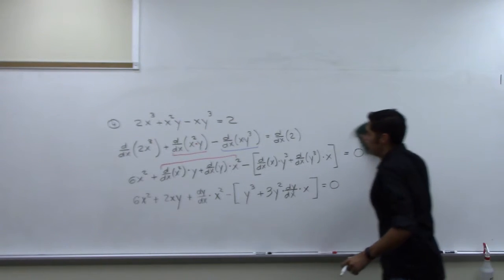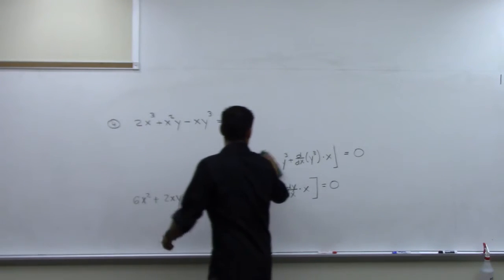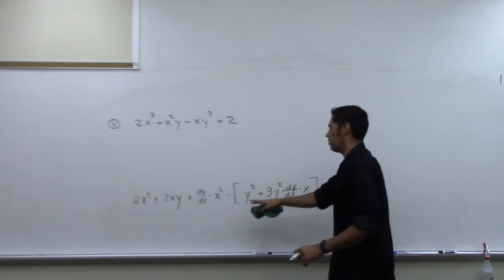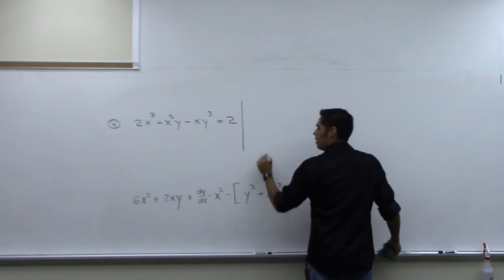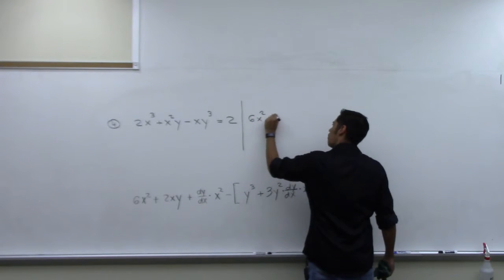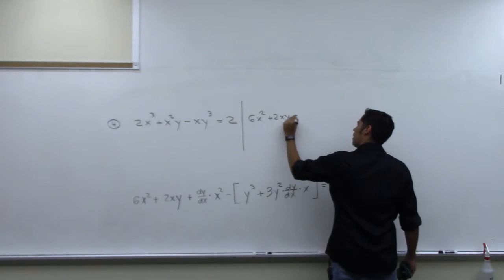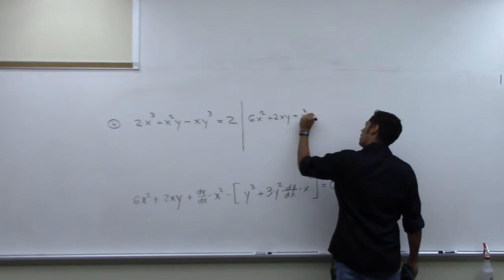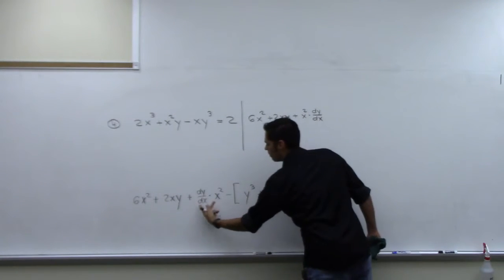All right, well, keep going here. Clean this up. I'm going to distribute through with that negative, and here's what we'll have. We have 6x squared plus 2xy plus, I'm going to write it this way, x squared times dy/dx. I just changed the order of multiplication.